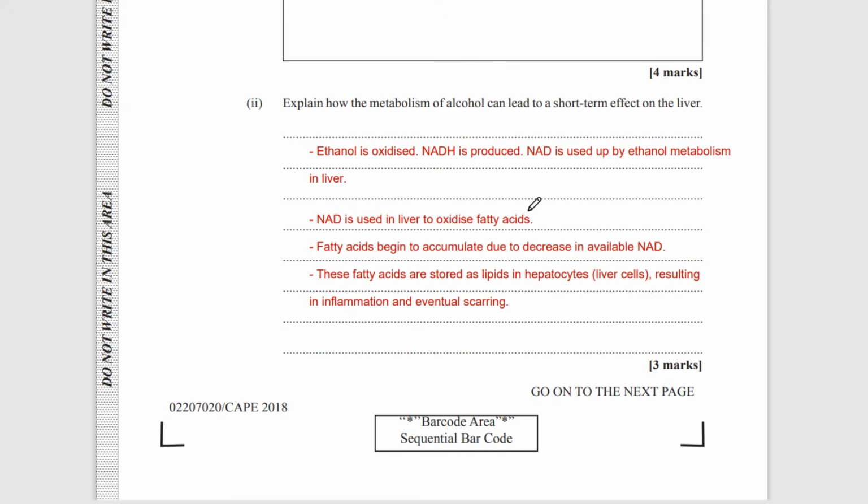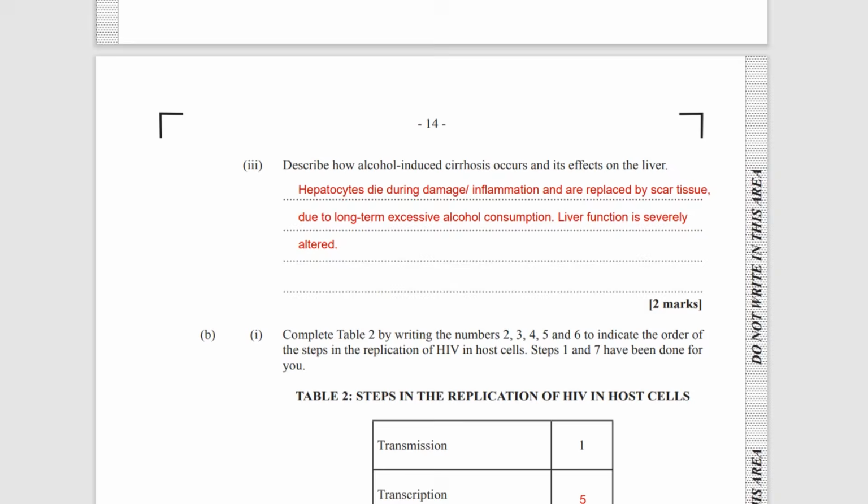You only have so many uncharged batteries. So the NAD is now being used to oxidize ethanol instead of fatty acids. And thus, fatty acids can't be broken down quickly enough. So they begin to accumulate, end up getting stored in the liver cells. That results in inflammation and then scarring.